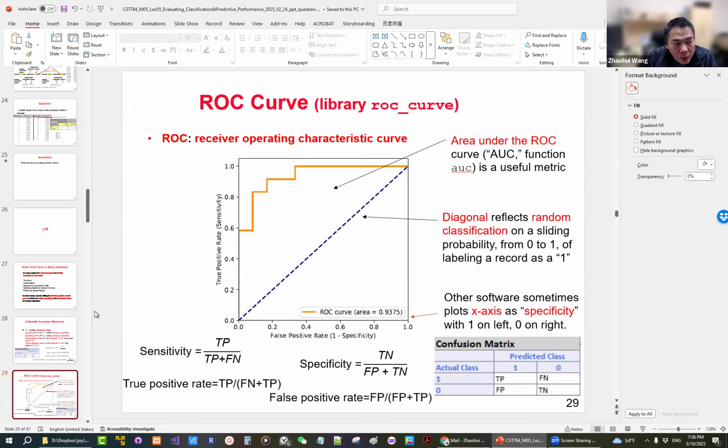This slide is for the ROC curve. ROC is the abbreviation of receiver operating characteristic curve.